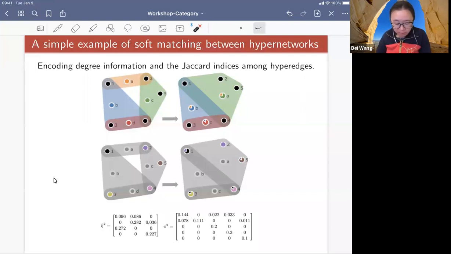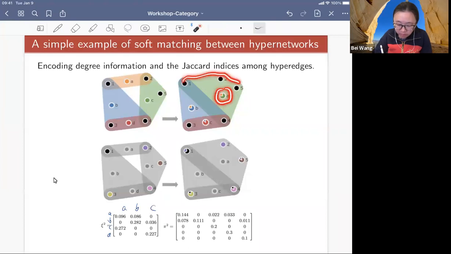On the top, I'm looking at the coupling between the hyperedges. This is the matrix that showcases the coupling. Let's just focus on a specific element in this coupling matrix. In the first hypergraph, I have 4 hyperedges, A, B, C, and D. In the second hypergraph, I have 3 hyperedges. They are probabilistically matched in the sense that, let's look at this particular hyperedge in the second hypergraph.